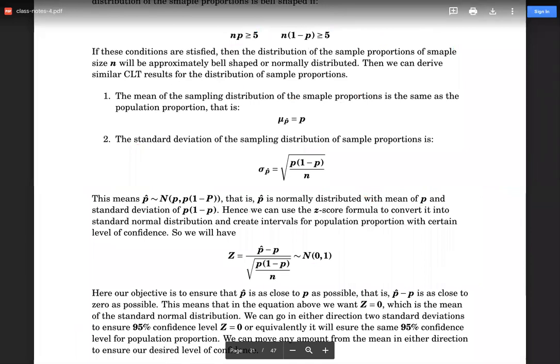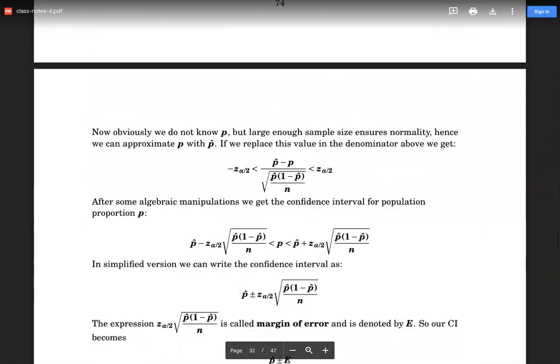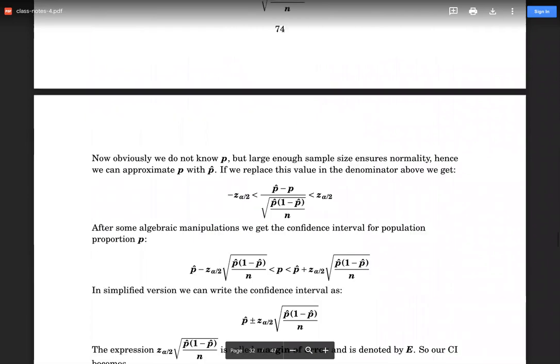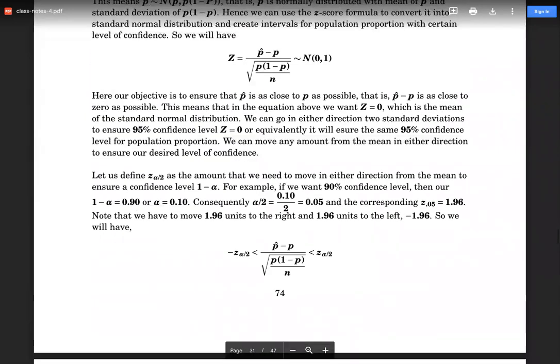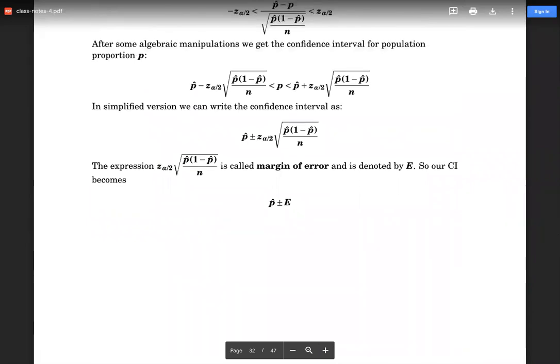Now, how do you find the confidence interval? On this page, I go through a bunch of mathematical derivations, and don't worry about it so much. We are going to find the confidence interval using this formula: p hat plus or minus E, okay? E is called the margin of error.